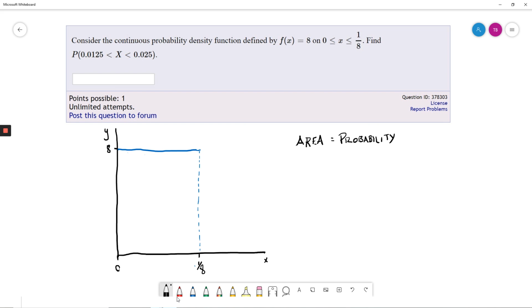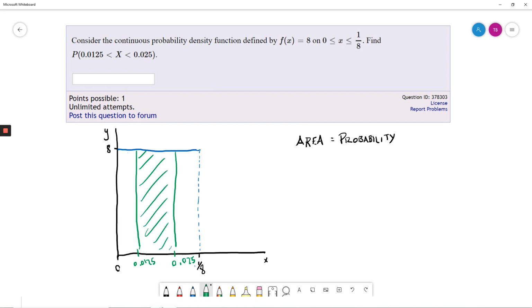So if we want to find the probability that x is between 0.0125 and 0.025, we need to find the area between x equals 0.0125 and 0.025. So we want to find this area here. Well, this is still a rectangle, and so we can still calculate it with width times height.